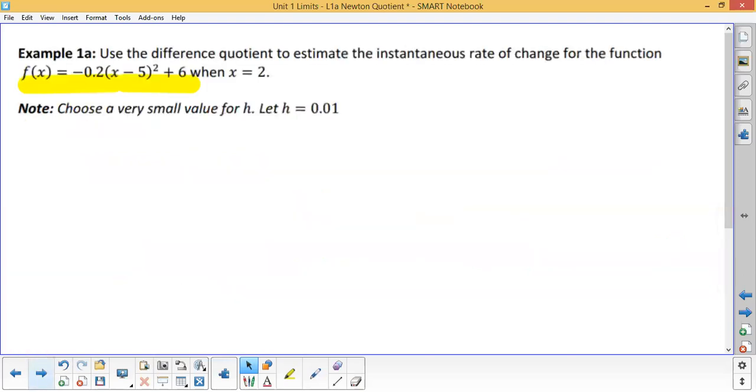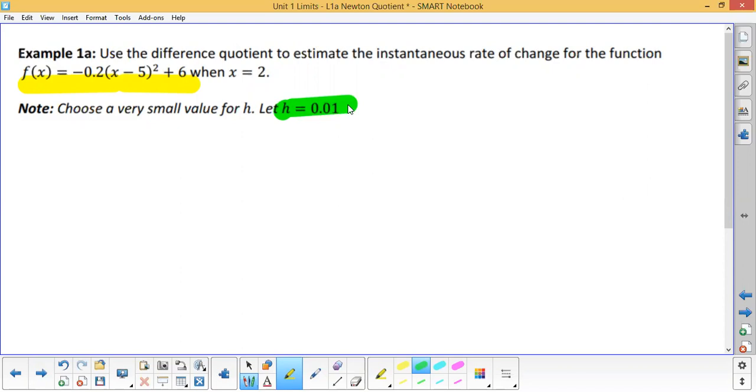So we're going to take this function again. Remember, we're looking for the instantaneous rate of change when x is equal to 2. Now, using the difference quotient, I am going to pick an arbitrary value for h. So I could use h is equal to 0.00001.